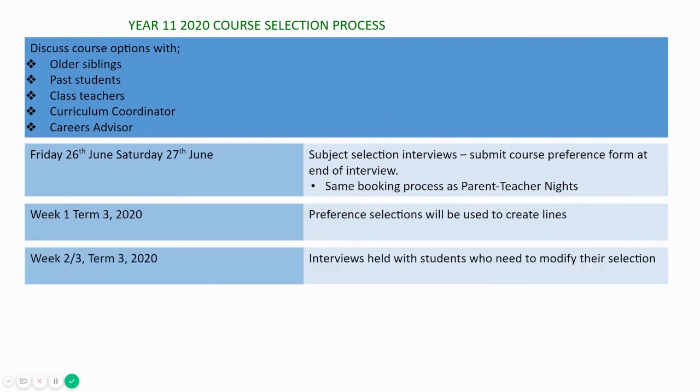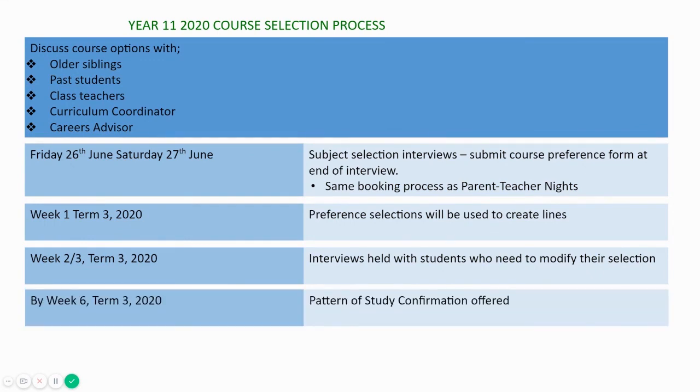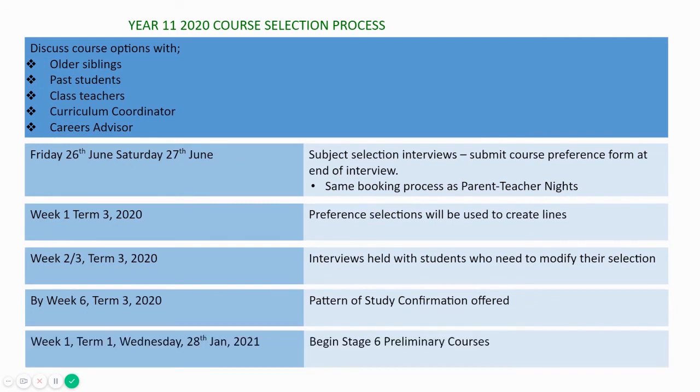In the next couple of weeks, interviews will be held with students who need to modify their selection, so the students that don't get every selection that they've made. And by week 6, Term 3, the patterns of study will be confirmed and offered to students. And then it all begins in 2021.